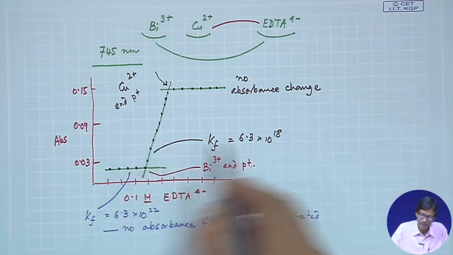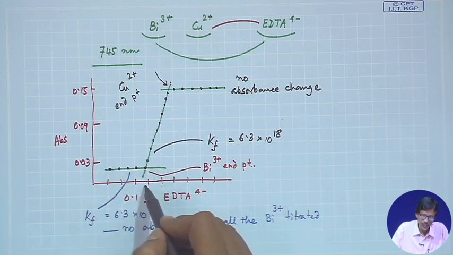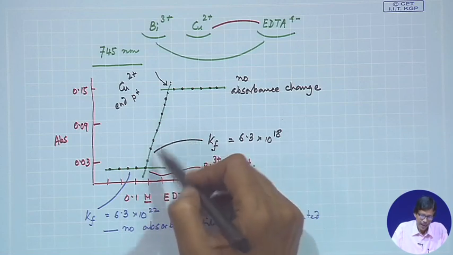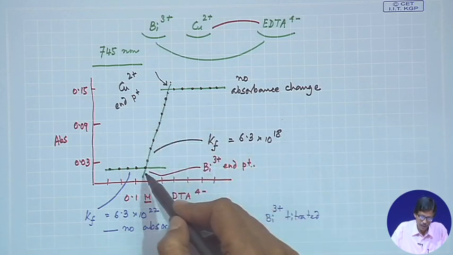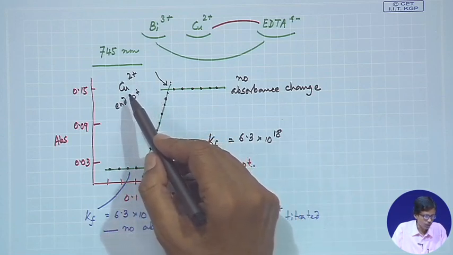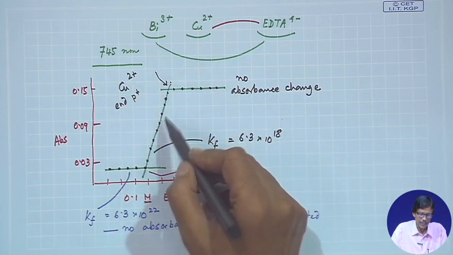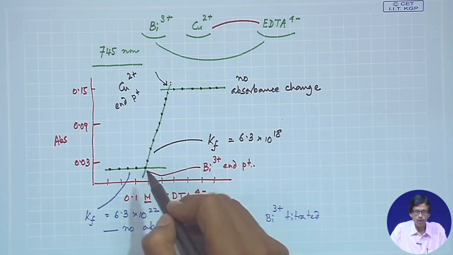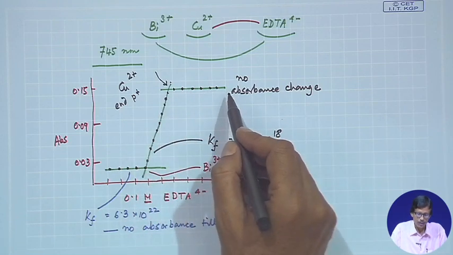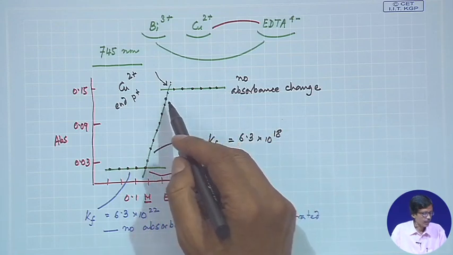As a result, this much volume of EDTA is equivalent to the bismuth present in the solution, and from this volume to this volume, if we subtract, it gives the corresponding endpoint for the copper complexation reaction. Beyond that, we have consumed all the bismuth as well as all the copper, so there is no change in the absorbance, because the copper has also been exhausted.